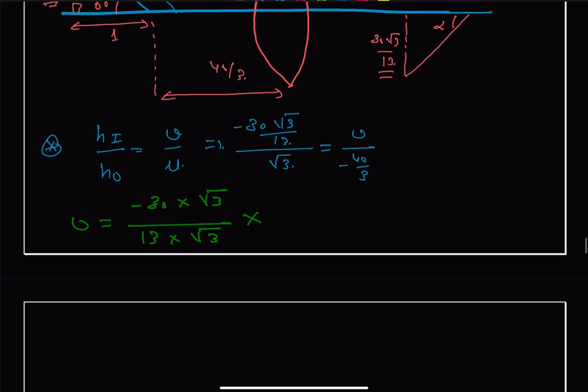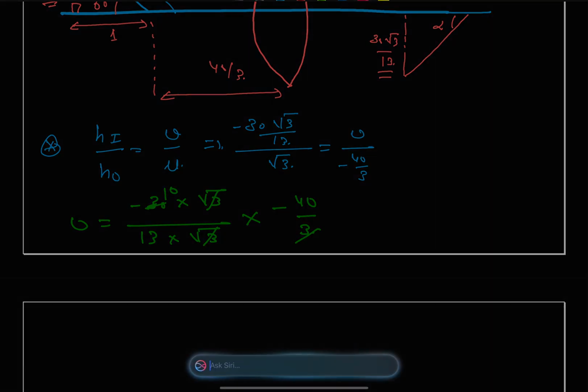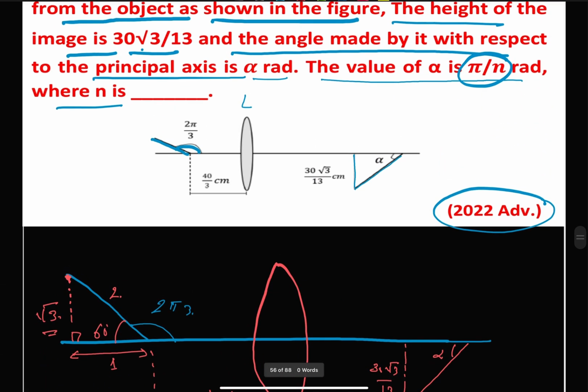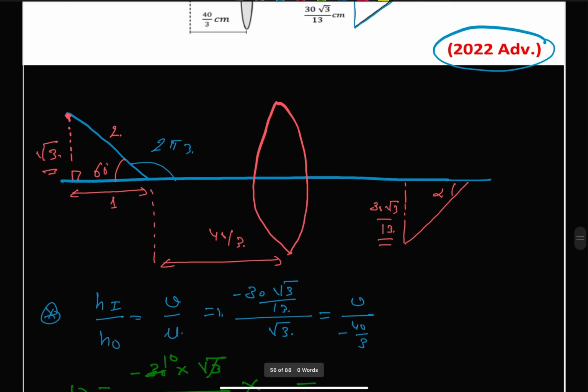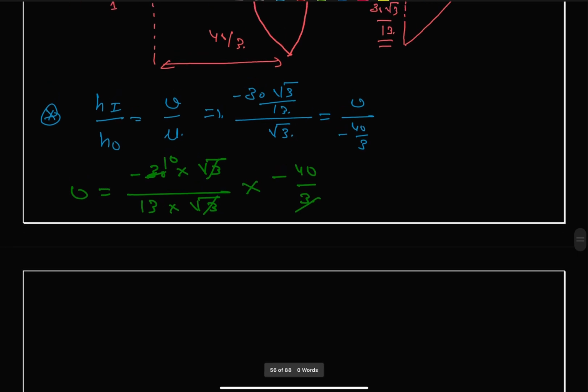This root 3 goes away, and this 3 goes into 30 to give 10. So this comes as minus 40 by 3, so it comes as 400, minus becomes plus, so this comes as 400 divided by 13.